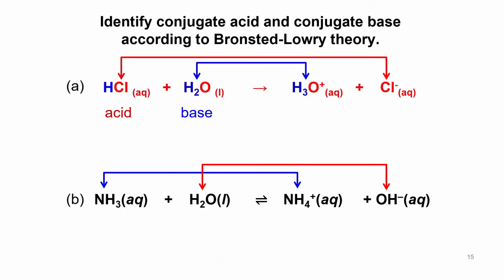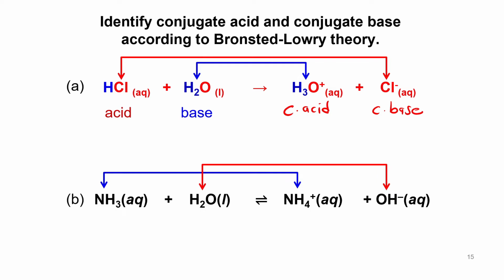So kalau di sebelah kiri, HCl is an acid, so HCl donates the proton, it becomes, this one is conjugate base. Okay, and then this one, bila dia terima proton, so this is conjugate acid. Sebelah sini dia jadi conjugate acid. Okay, alright.